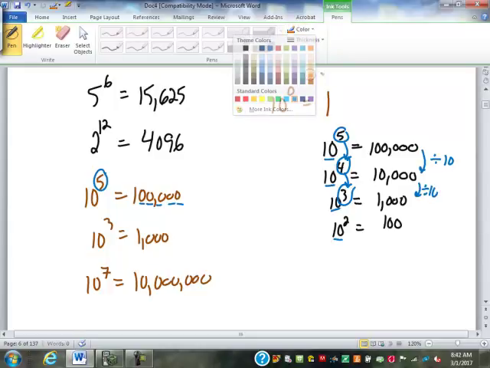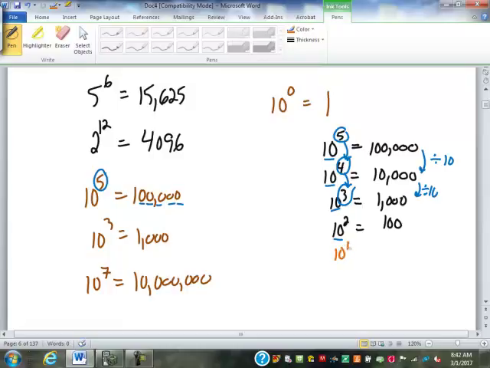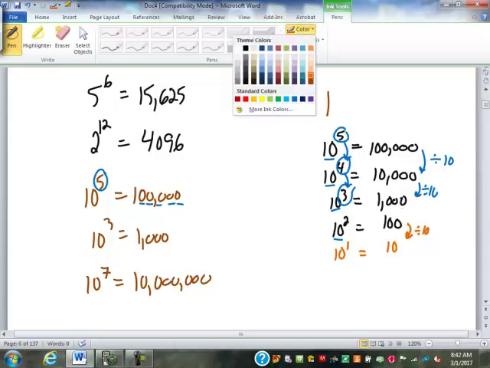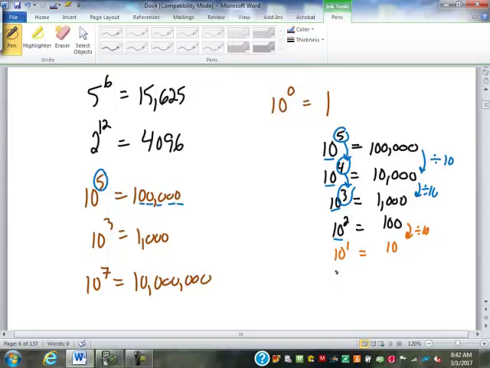So if we keep going from 2 down to 1, what's 10 to the 1? 10. Did that go divided by 10 again? Yes, it did. So that pattern works. So we're going to assume that pattern continues. 10 to the 0, well, what's 10 divided by 10? 1.